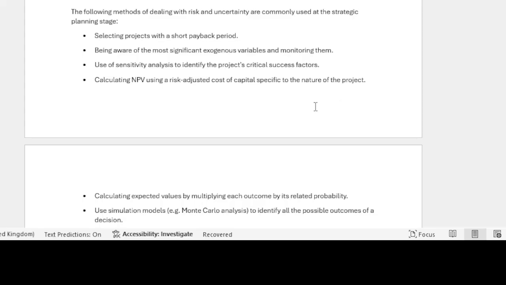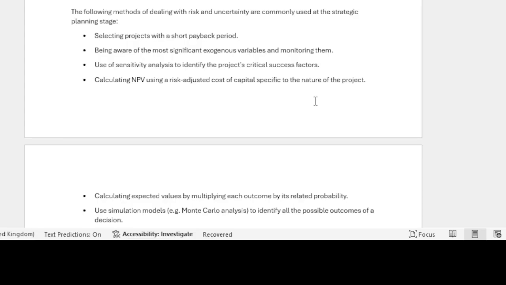We need to do that at different stages: when we are selecting projects, when we are calculating the NPV, especially when we are using a risk adjusted cost of capital. We also need to assess the risks when we check the sensitivity analysis on the different projects based on their success factors.